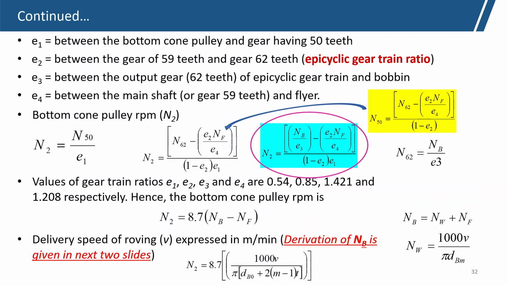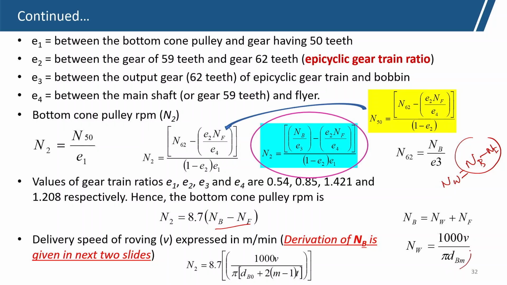Now, NB equal to NW plus NF. So, that means NW is NB minus NF. This is NW. NW is nothing but 1000 V by pi dB, that we have already seen earlier.